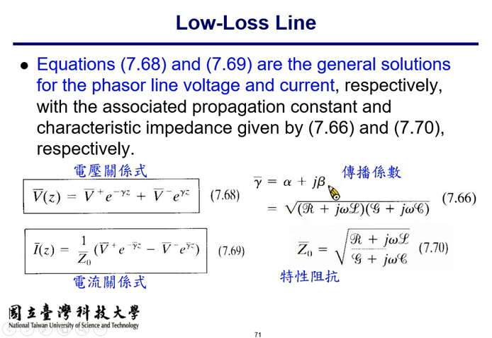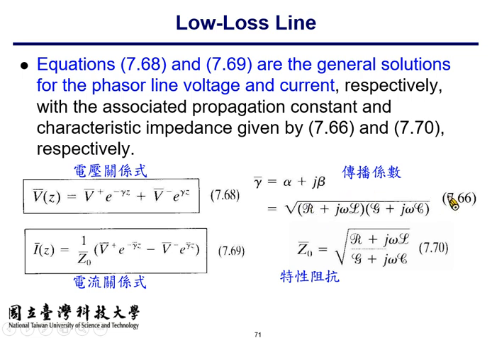The alpha and beta values can be found with transmission line parameters. That is the RLGC model, the per unit length resistance, inductance, conductance, and capacitance of the transmission line.